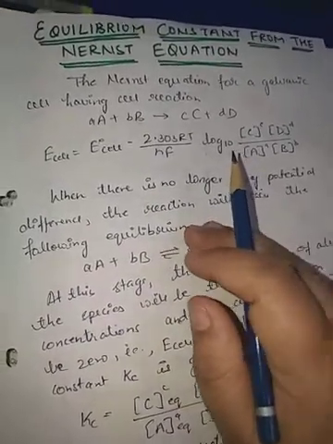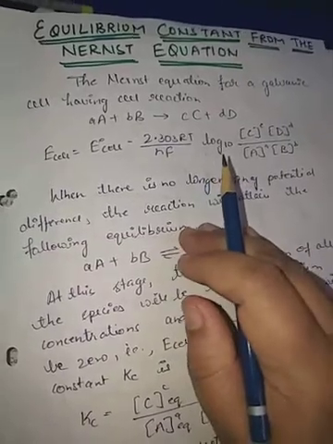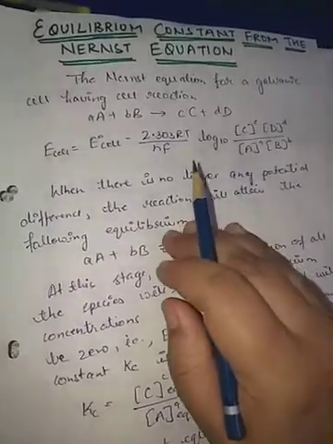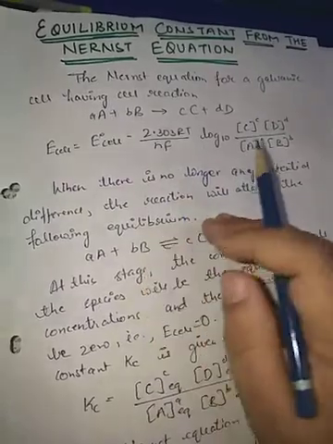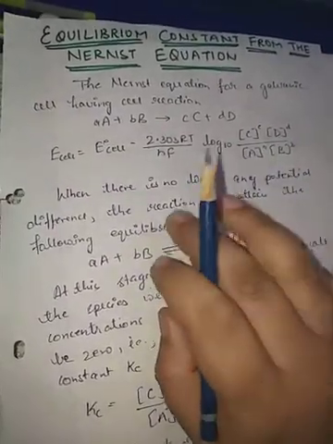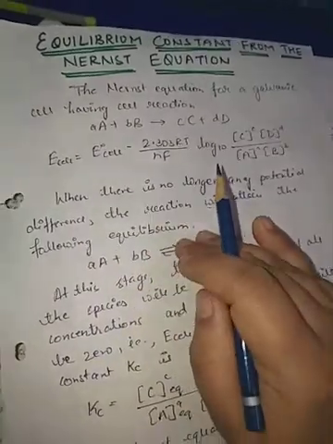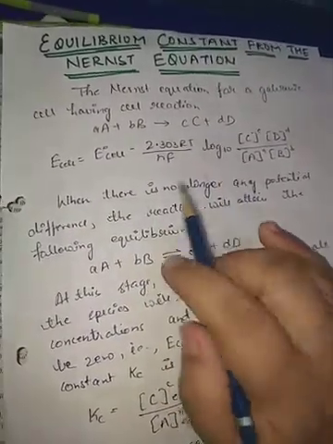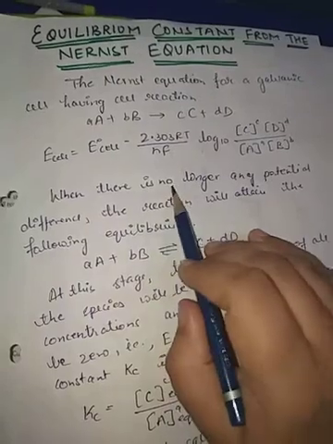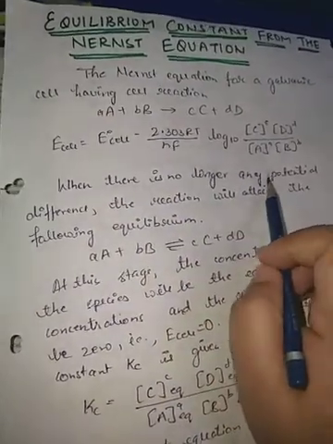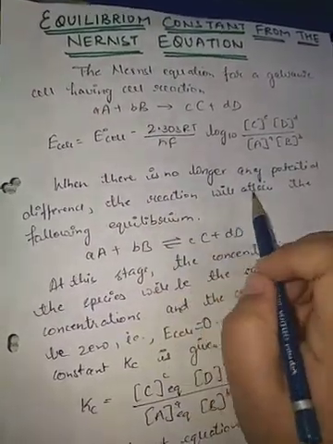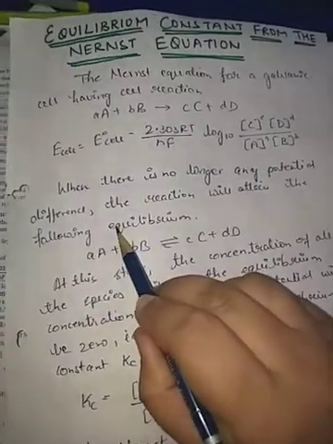It means there is no potential difference between the two electrodes, the anode and the cathode. No electricity flows between the two electrodes, and at this point, when there is no longer any potential difference, the reaction will attain equilibrium.